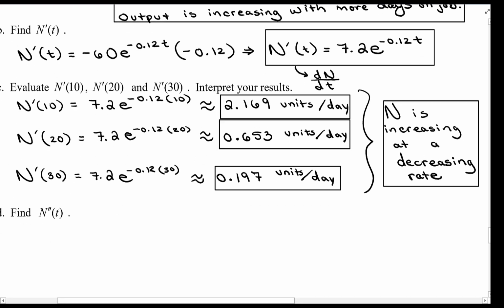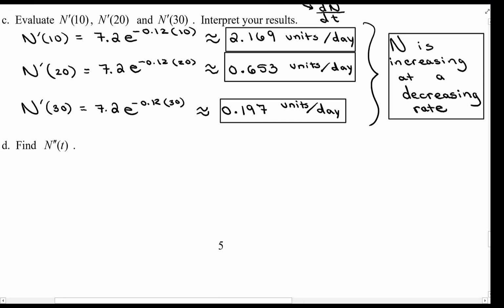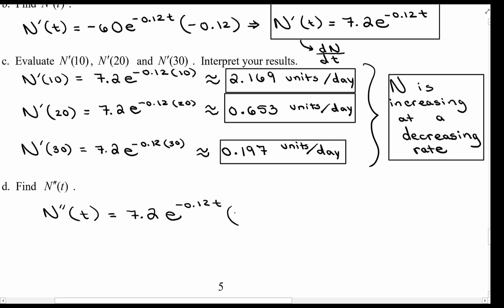n double prime of t, the second derivative of n. So n double prime of t is going to be equal to 7.2 times e raised to the negative 1200ths t times negative 1200ths.